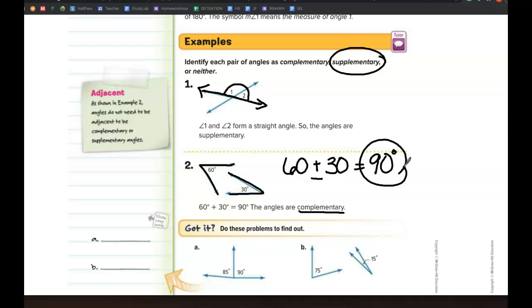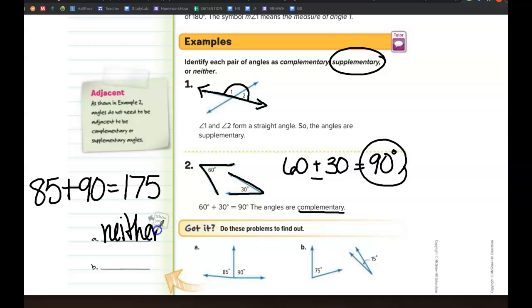I would like you to do Got It A and B. Pause when you're done to check your answers. So Got It A. If I take 85 plus 90, I get 175. That is not 180, therefore they are neither complementary nor supplementary. Okay.